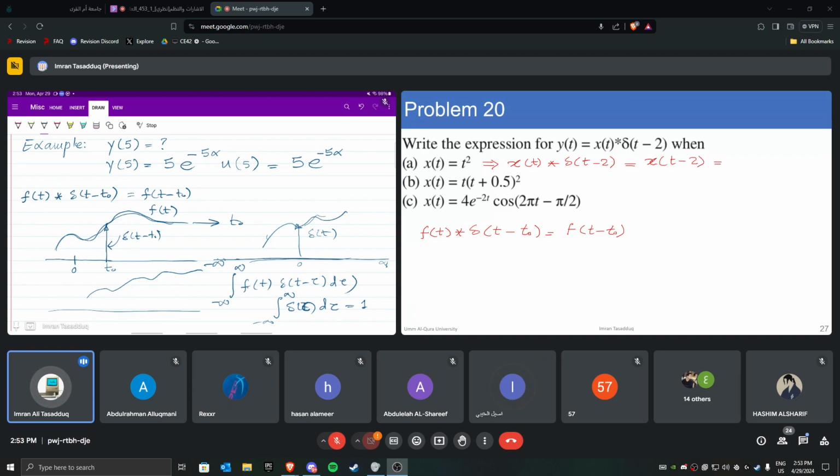And x of t minus 2 is what? Wherever you see t, change it to t minus 2. This way, you have to do part B and C as well. This is the answer. Okay?